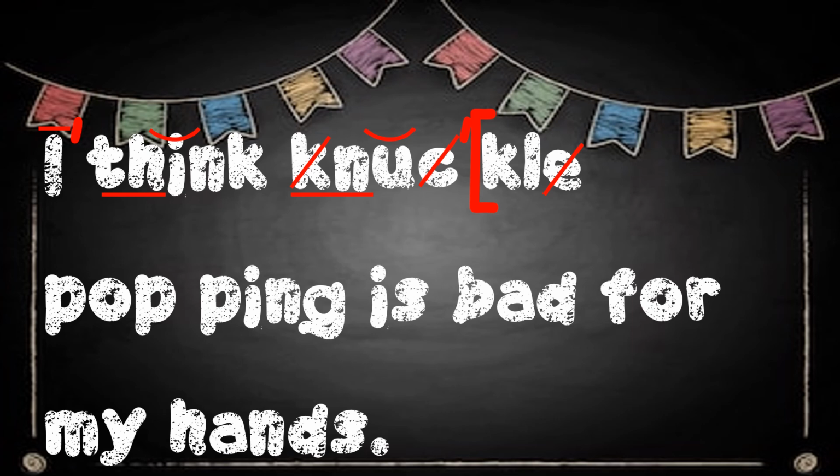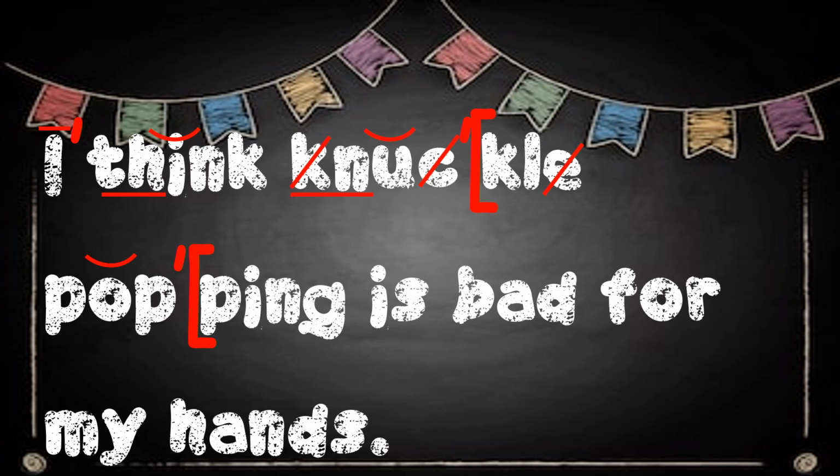Let's look at the word popping. It's got 2 syllables, so let's break it apart so it's easier to handle. Let's make sure we put our accent at the end of the first syllable. Let's look at the first syllable, pop. I have a vowel followed by a consonant, so I need to put a breve to remember that that vowel is making its short sound.